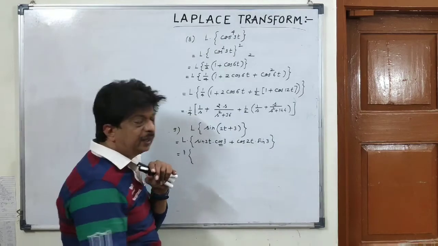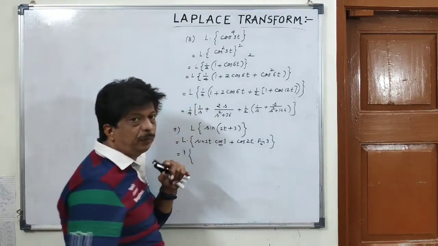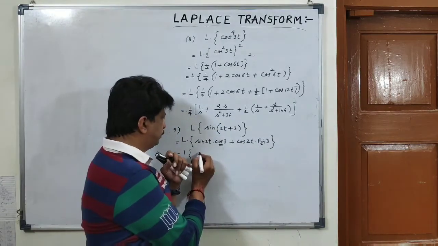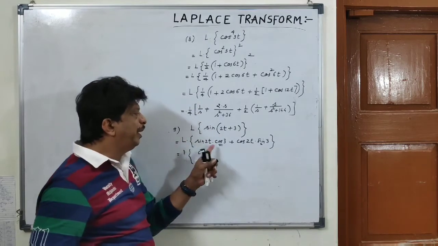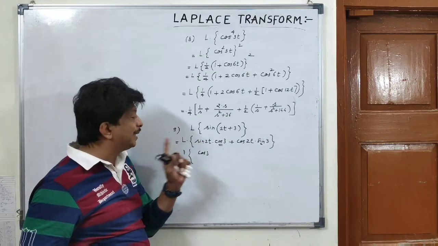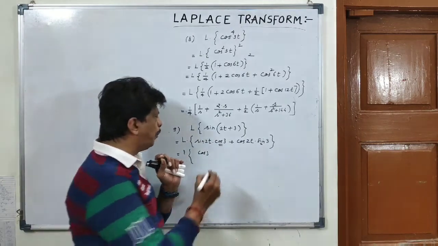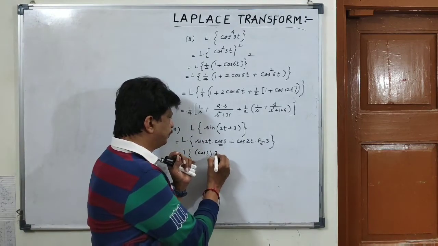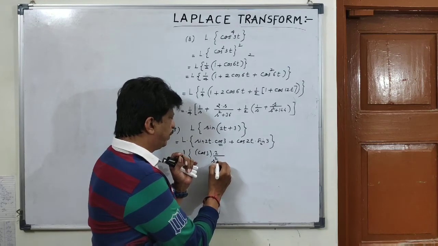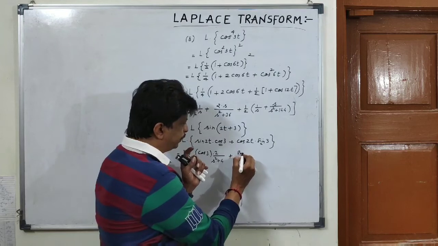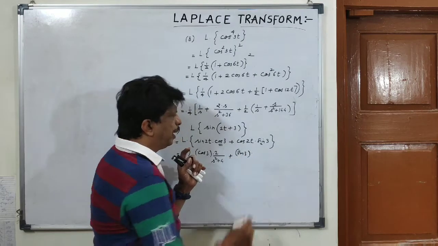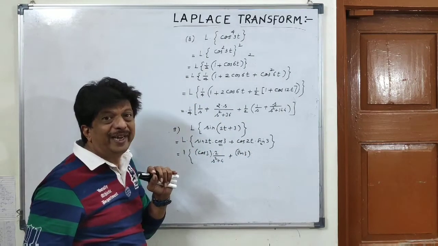In the second term, sine of 3 is constant. So cos of 3 into Laplace transform of sine of 2t, it is 2 upon s square plus 4, plus sine of 3 into Laplace transform of cos of 2t, it is s upon s square plus 4.